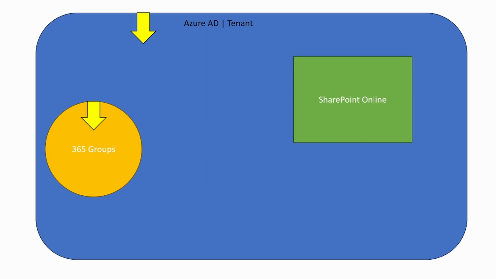Files inside Microsoft Teams are stored in SharePoint Online. Other question is, do you allow guest accounts from 365 groups or from anywhere that's added in your Azure AD to access your files in SharePoint? Yes or no? Let's say yes, you allow guest accounts. Now that's the files part.